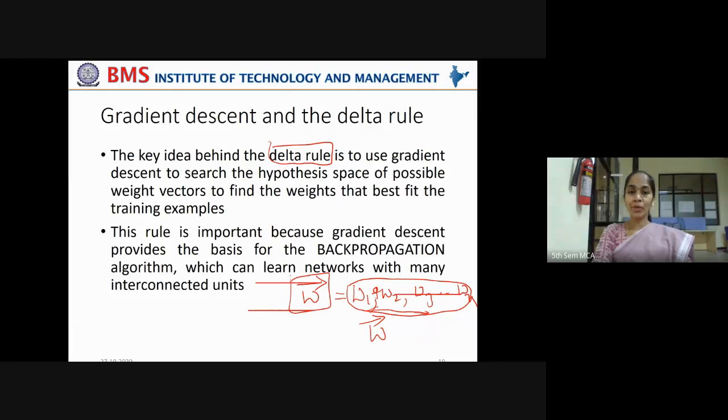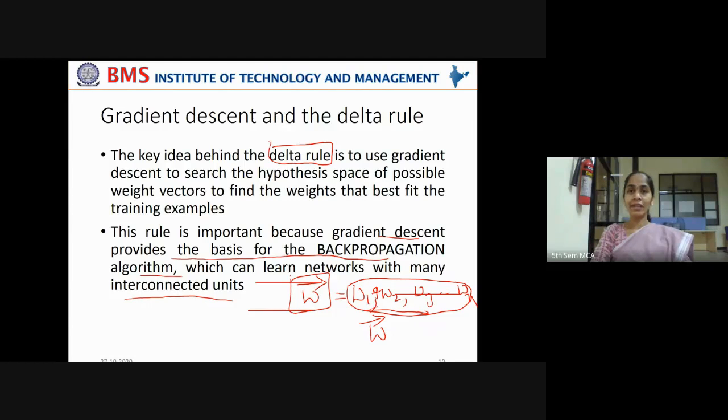This rule is important because gradient descent provides the basis for the backpropagation algorithm. That backpropagation algorithm you're going to cover in this chapter itself as your next topic. Okay, which can learn networks with many interconnected units, when you have a complex structure of neural networks. In that case, this gradient descent will be useful.